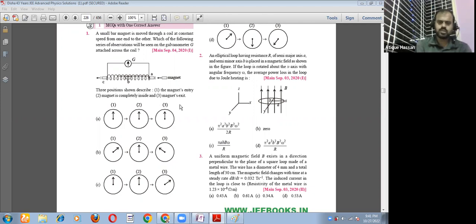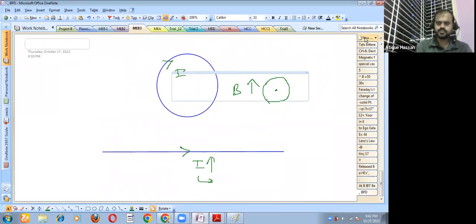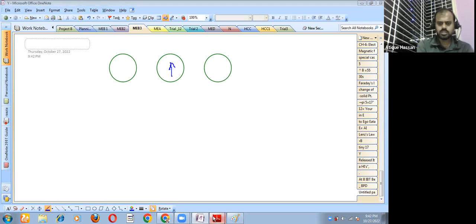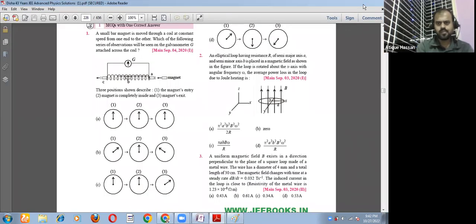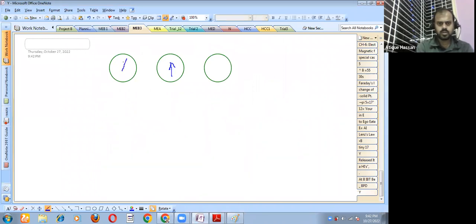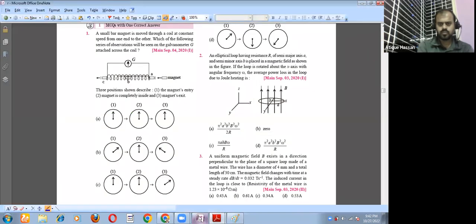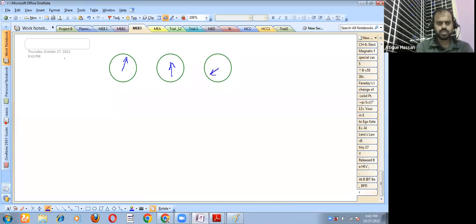So suppose I have an option like this. You are saying it is an opposite I of the option.